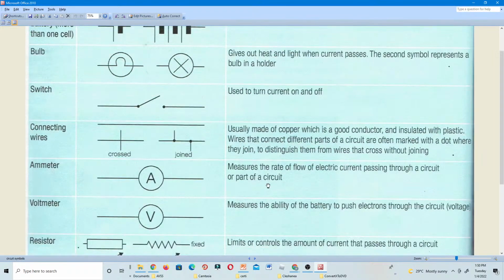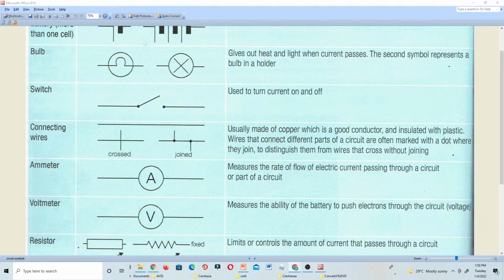So these symbols, let me send it in the WhatsApp group, because persons definitely need to know those symbols.